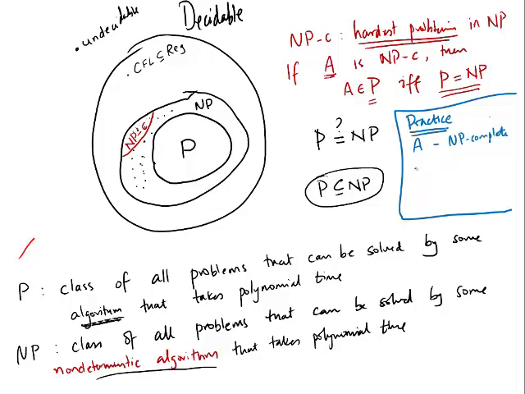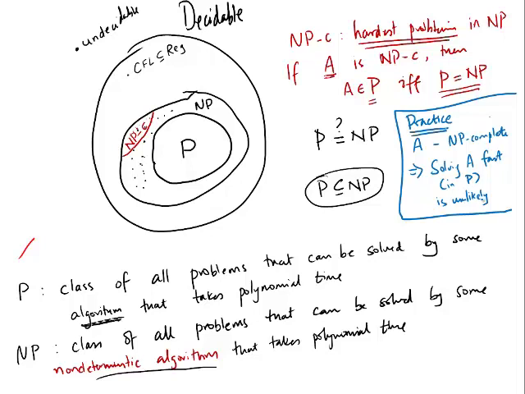So if A is NP complete, then solving A fast, which means in polynomial time, is unlikely. So this allows you to recognize hard problems in practice, and again, as I said, it is not uncommon to find hard problems in practice.